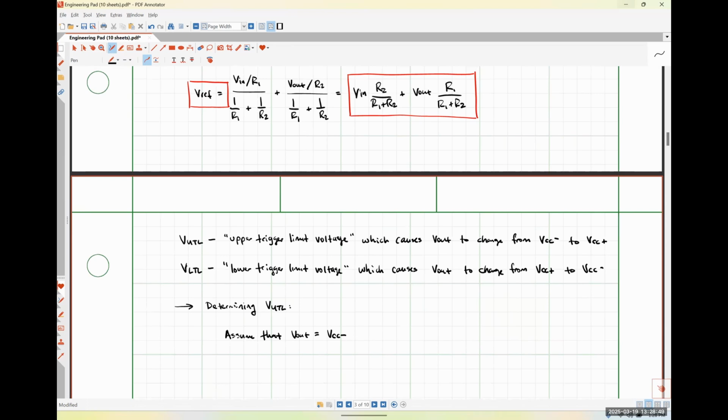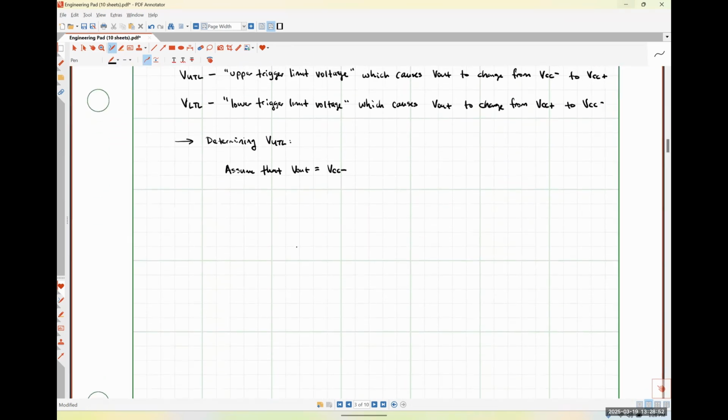So if we put this into our equation, we'll have Vref is equal to Vn times R2 over R1 plus R2, plus V out, which in this case is VCC minus, times R1 over R1 plus R2.